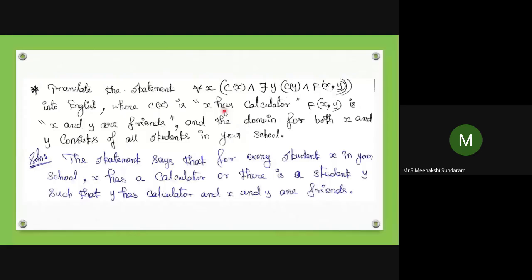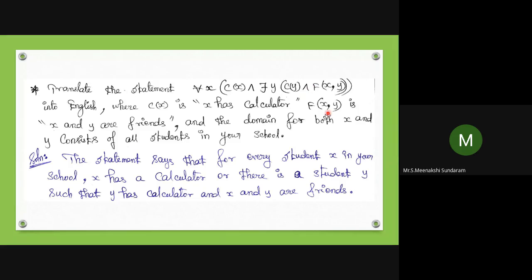That's why I can write for all here. So for all x, that is, for every student x in your school, x has a calculator, or there is a student y. C of y means there is a student y in your school, whatever way you write it, such that y has a calculator and, conjunction, x and y are friends.